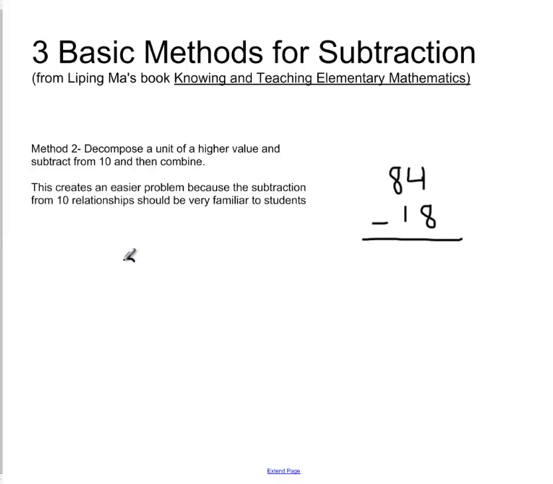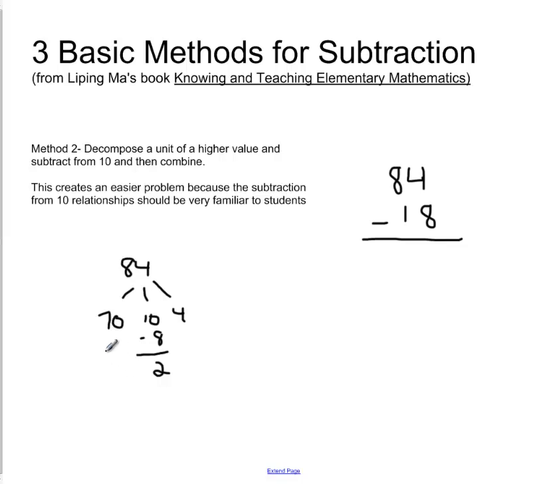So basically what I'm doing is I'm saying I've got 84 and I'm splitting it apart into, so if I have 70 over here, I've split out my 10. Rather than combining it with a 4, I can leave it separate. So now when I want to do my subtraction, I can come over here and say, well, I can subtract the 8 from the 10. That's really easy to do. I get 2.